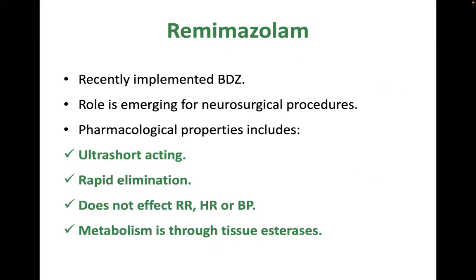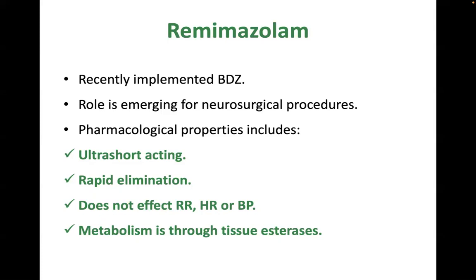Similarly, the upcoming agent is remimazolam. It has the properties of both remifentanil and midazolam. It has been recently implemented. It's a benzodiazepine, and the mode of action is through activation of the GABA inhibitory pathway. The role is emerging for neurosurgical procedures, and its pharmacological properties include that it is ultra short acting, it has rapid elimination, it doesn't affect respiratory rate, heart rate, or blood pressure, and the metabolism is ultra fast, being done through tissue esterases.